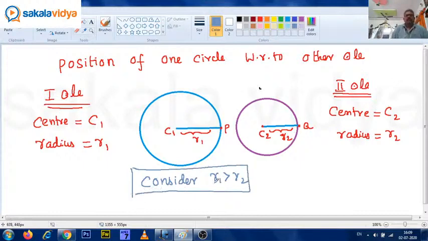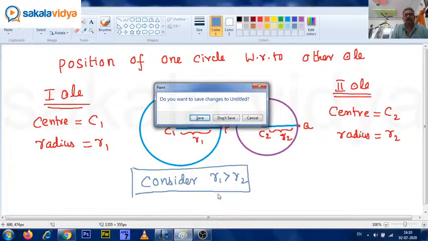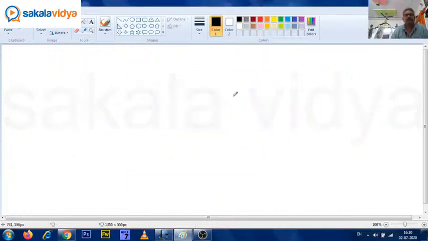Okay, now here different cases will arise. Different cases will arise means we need to discuss the different cases of the positions of one circle with respect to the other circle. Now this is one circle.